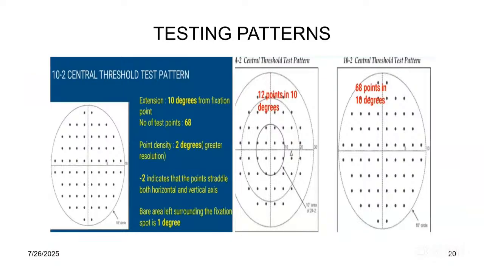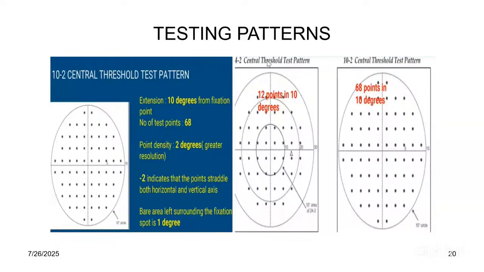So for 10-2 central visual and threshold tests, usually in 24-2, you measure only 12 points. But when you concentrate on the 10-2 central test pattern, you increase the test points, but a smaller visual field. And so these are usually used in people that are confirmed to have glaucoma already, and you want to test the function of the central 10-degree vision.